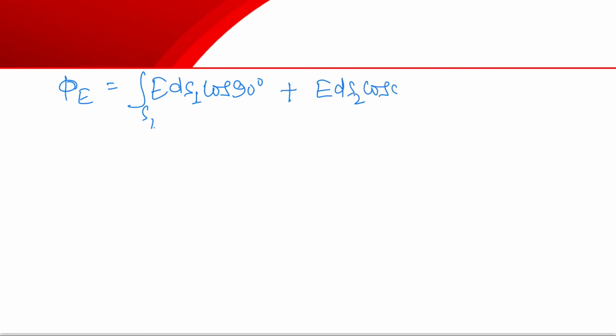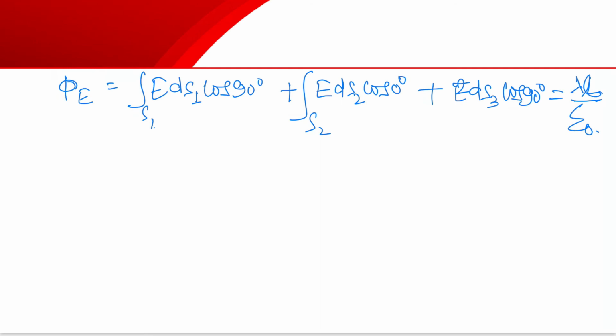Phi E will be the integration of E ds1 cos 90 over s1, similarly E ds2 cos 0 over s2, and again E ds3 cos 90, and all that will be equal to q inside, that q inside is lambda L, upon epsilon naught.